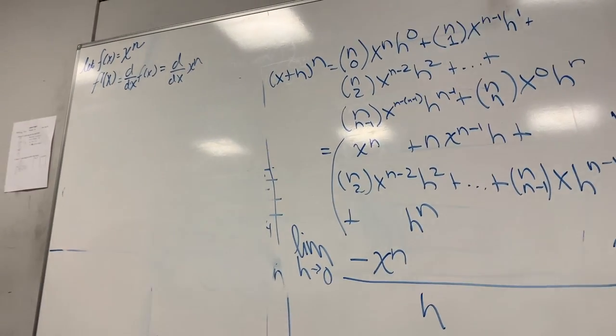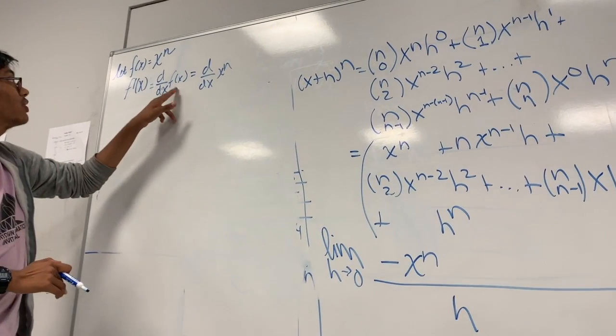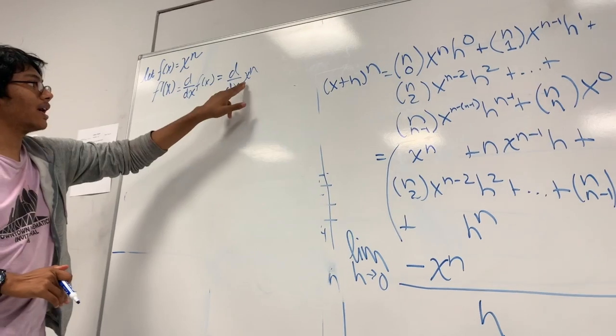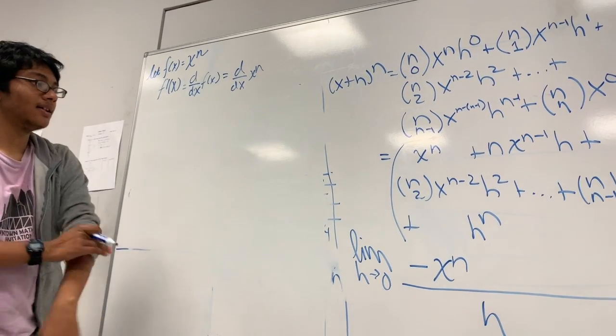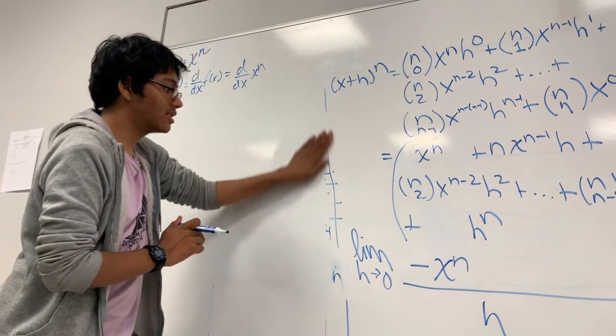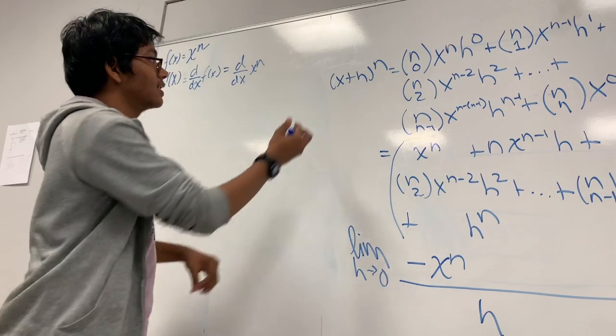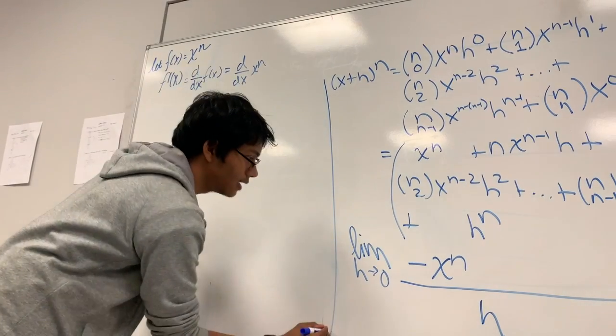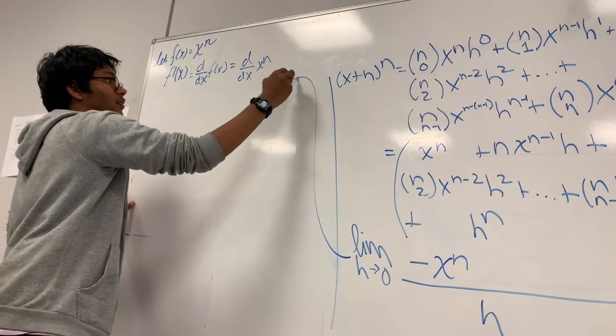If you remember, our goal was to find the derivative of f of x, where f of x equals x to the n. Our goal is to derive the power rule using the limit definition of a derivative, and we're almost there. So let's bring over this expression.